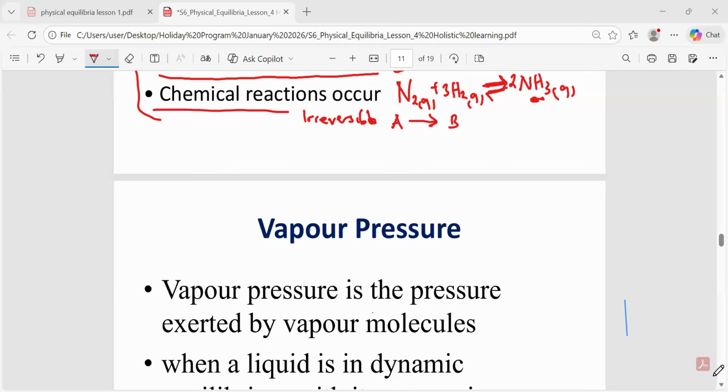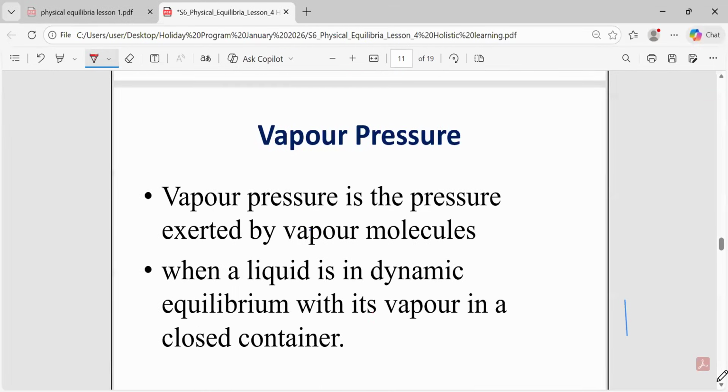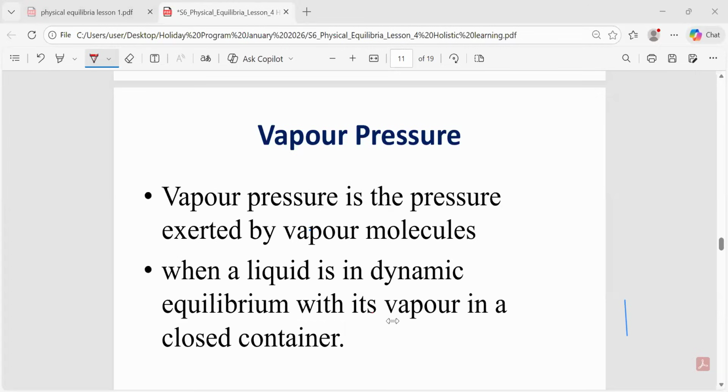Bolanzi, take us through this slide about vapor pressure. Vapor pressure is the pressure exerted by vapor molecules when a liquid is in dynamic equilibrium with its vapor in a closed container.